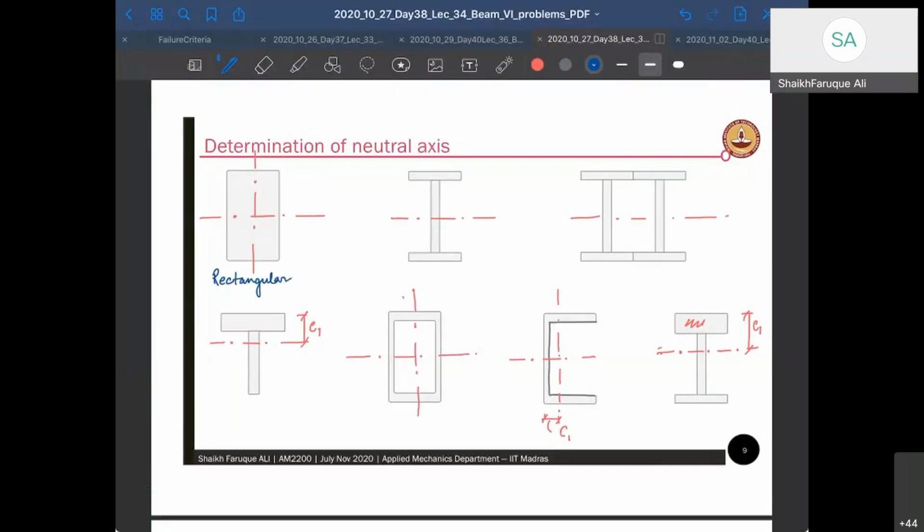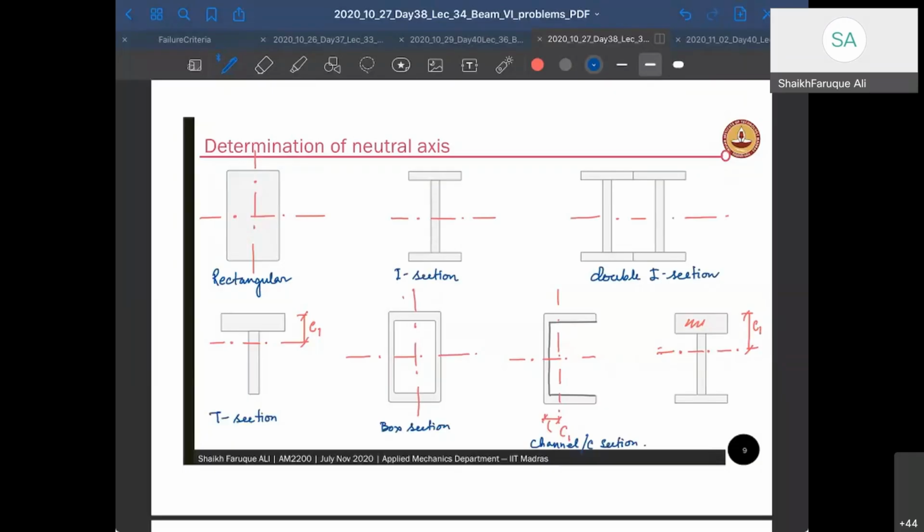Then this is called an I section. This is, I don't know, double I. This is T section. This is box. This is channel or C. Okay, this is again I.